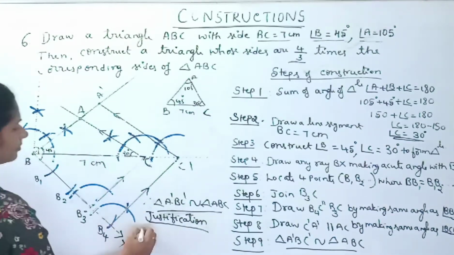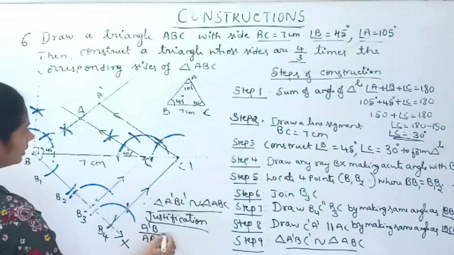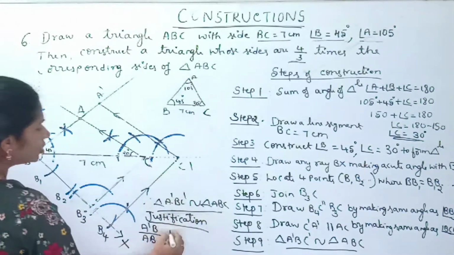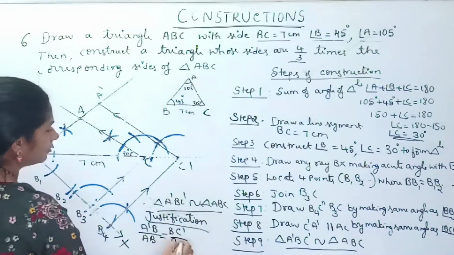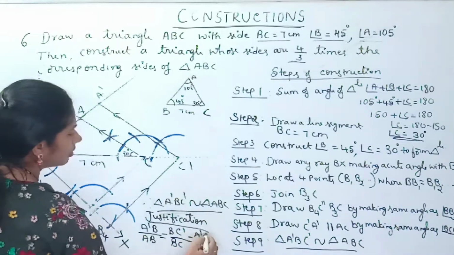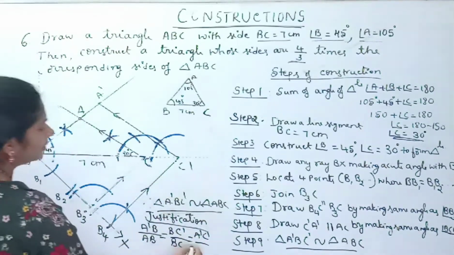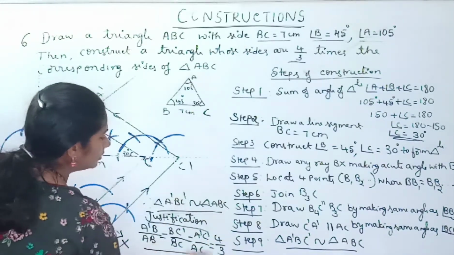A dash B by AB equal to BC dash by BC equal to A dash C dash by AC equal to 4 by 3.